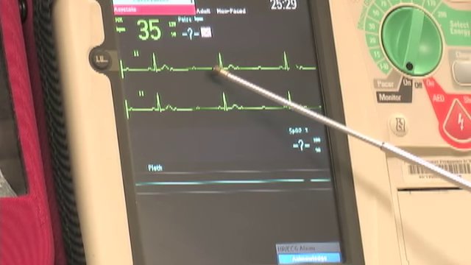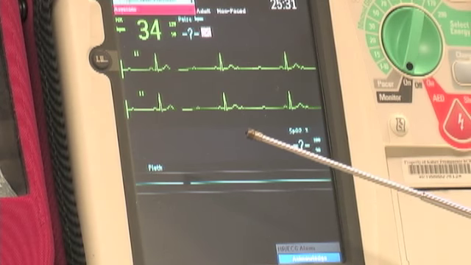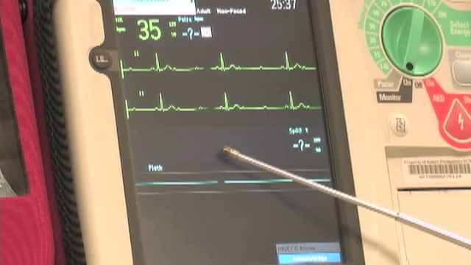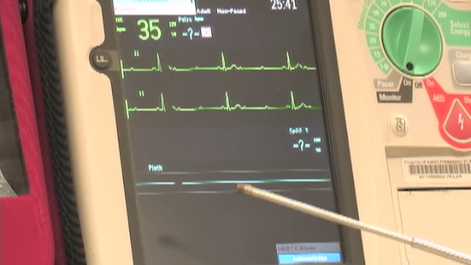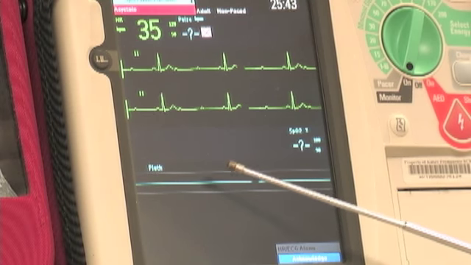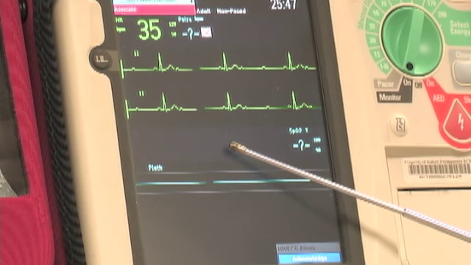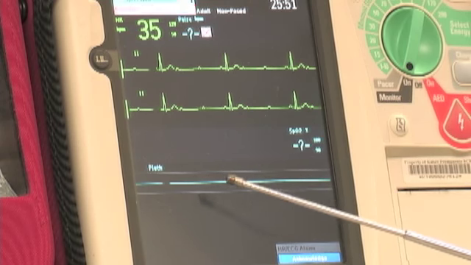So we get dropped QRSs without any warning. This is a higher degree block. This is an unpredictable block. This is a second-degree type 2 or a Mobitz type 2 block. This is considered a higher degree block, a little more serious. You need to act on this and be hypervigilant as to treatment, especially if the patient is symptomatic.